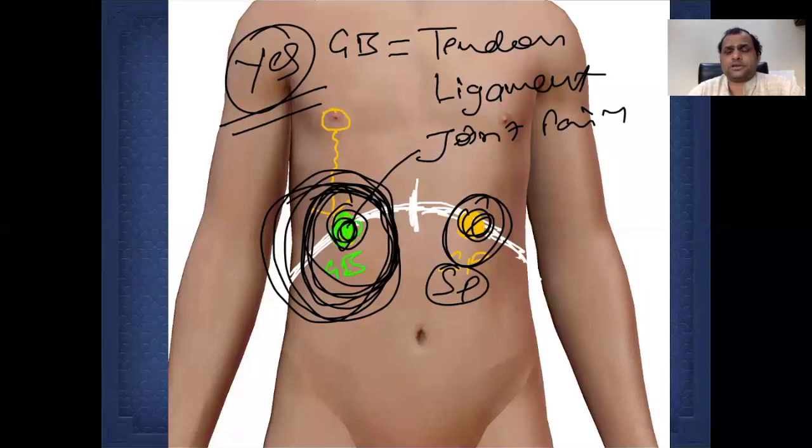Because if someone is suffering with abdominal pain, it may be because of the stomach, the small intestine, or the large intestine. We don't know. Or we have to do lots of investigation, lots of reports. It will take more money, more time. So I just pressed on the abdomen and found the tenderness on the spleen point. I just treated the spleen.